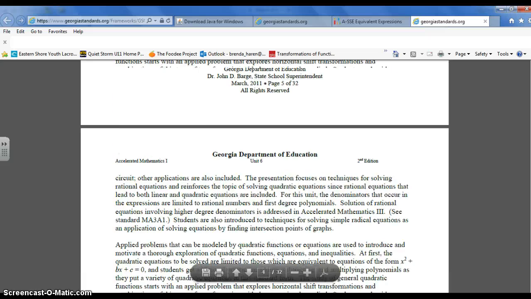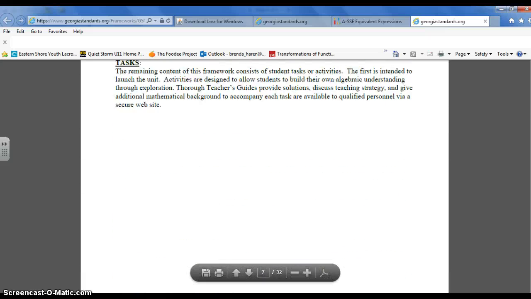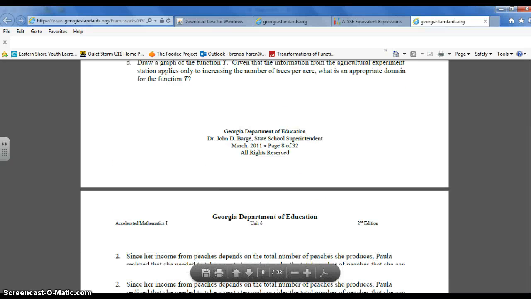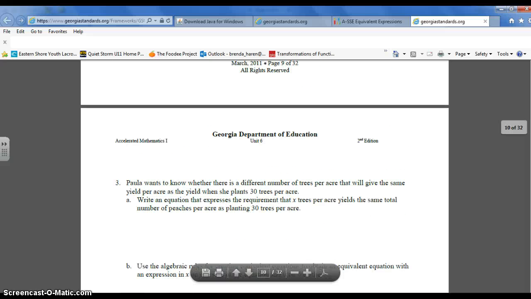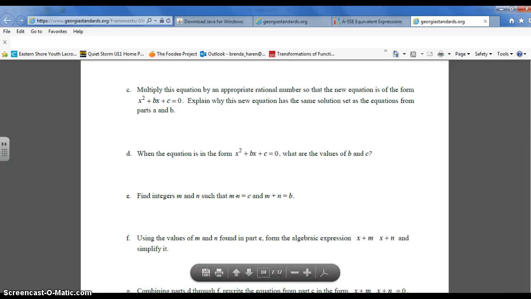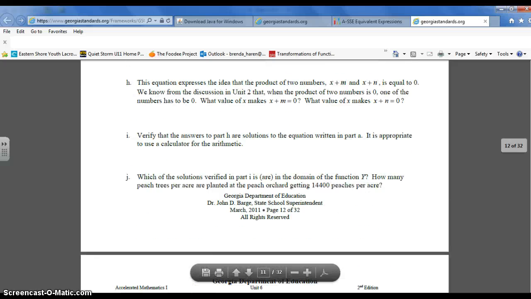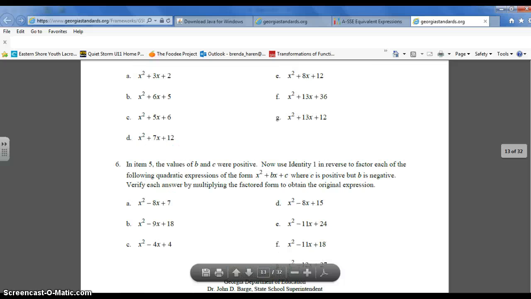It gives a lot of information about how to give this task, information about possible student misconceptions, what the task is assessing. As you see, it is fairly lengthy. It is scaffolded, though, based on the questioning techniques within the task itself. And once you get to the factoring, it uses the area model for factoring, which you may even want to, in instruction, use algebra tiles to help students see that area model.